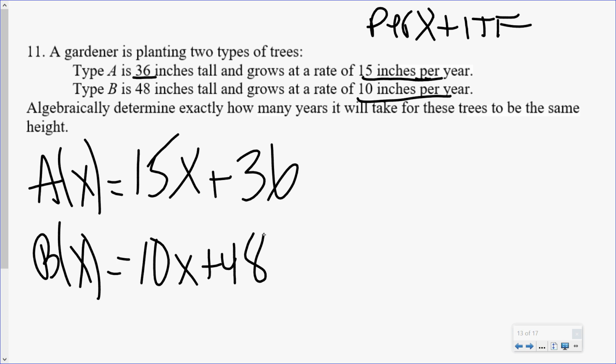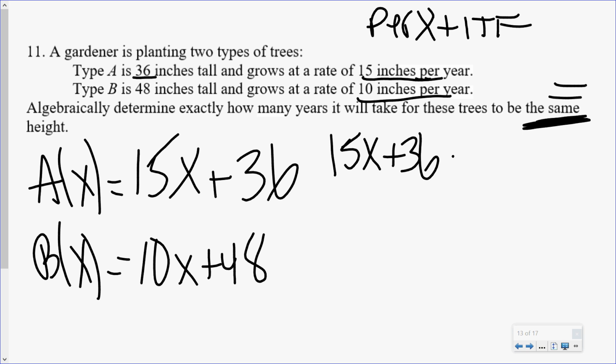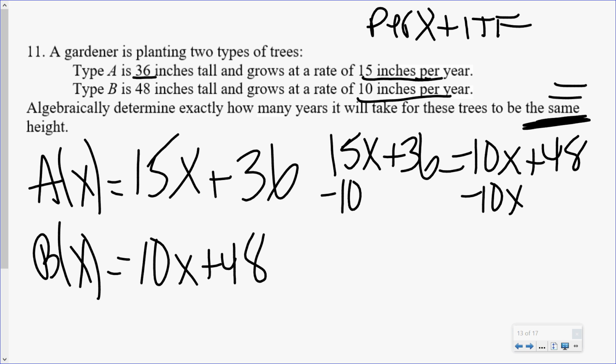Now that I have that, it wants to know when they're going to be the same. Well, same means equal. So I'm going to set the height of the first type equal to the height of the second type. From here I do the algebra. Bring all x to one side.